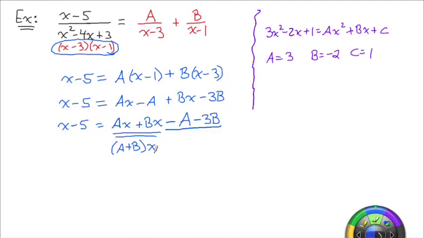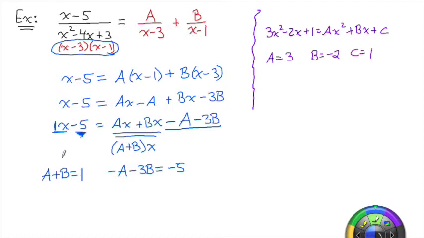So the coefficient of the x term has to be A plus B. But the coefficient of this x term is 1. So that leads us to the equation that A plus B must equal 1. And over here, the constant is negative A minus 3B, but on this side, the constant is negative 5. So we get this equation, negative A minus 3B has to equal negative 5. And we get this system of two equations and two unknowns to solve.